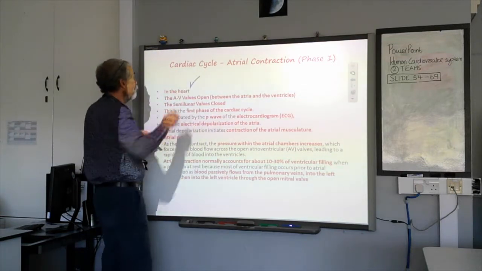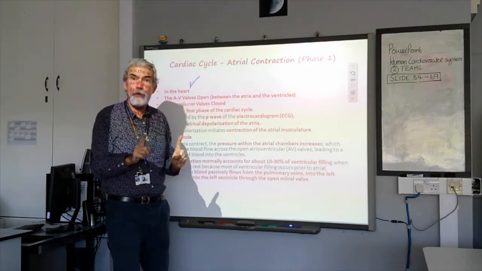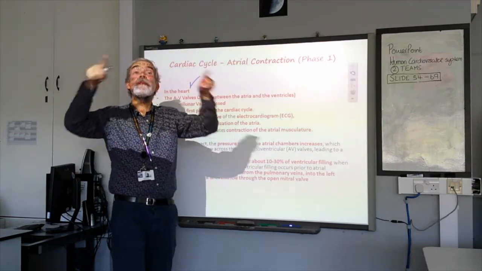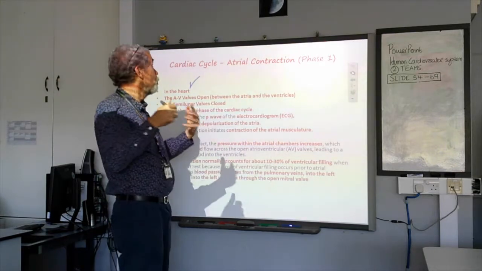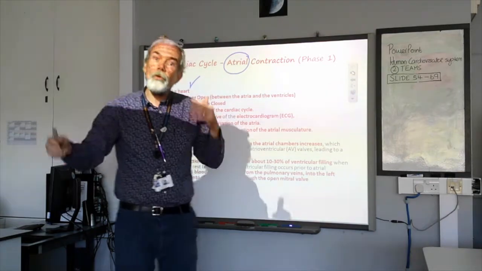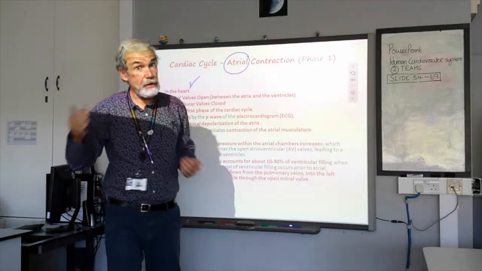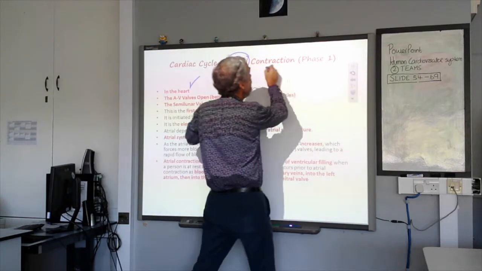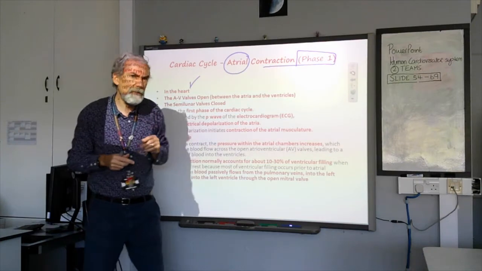We're starting our journey in the heart. We are particularly concerned at this point with what is happening in the chambers at the top of your heart. They begin with an A, they're called atria. So phase 1 of a heartbeat, one every second, 60 every minute, is going to start in the atria. What are the important features of phase 1?